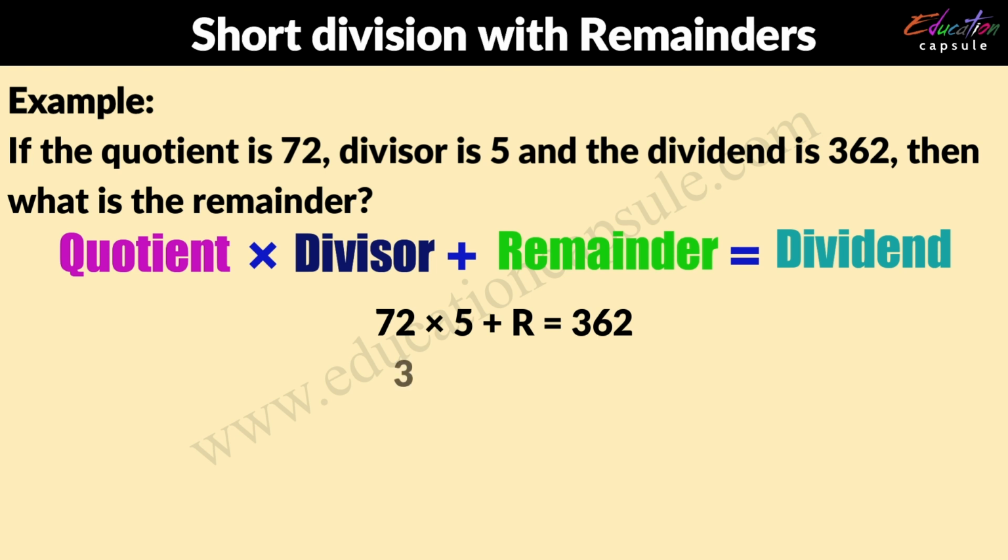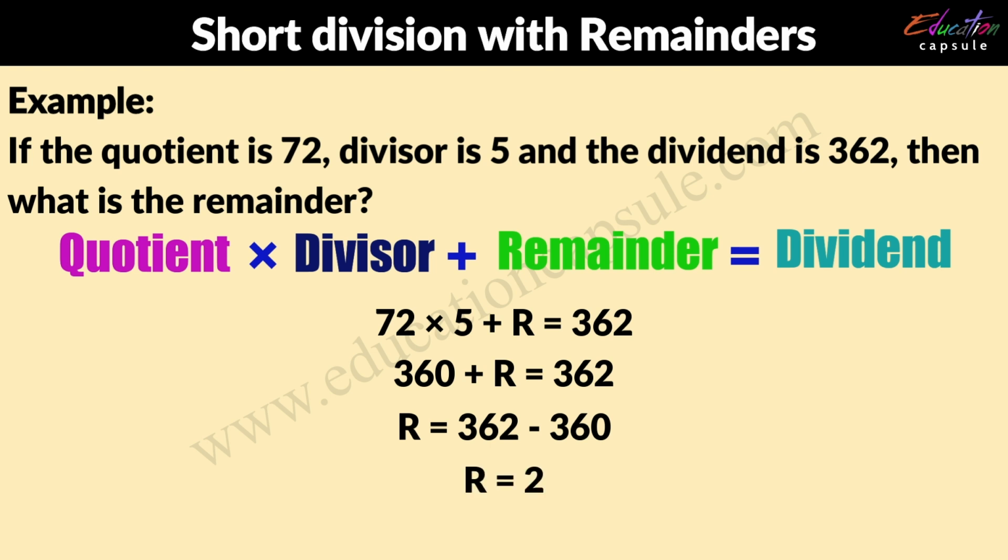Now 360 plus r is equal to 362. We will take 360 to the other side. So r is equal to 362 take away 360. So our remainder is 2.